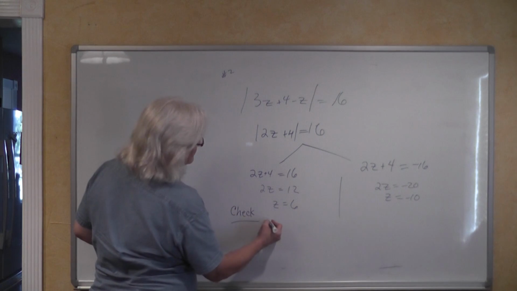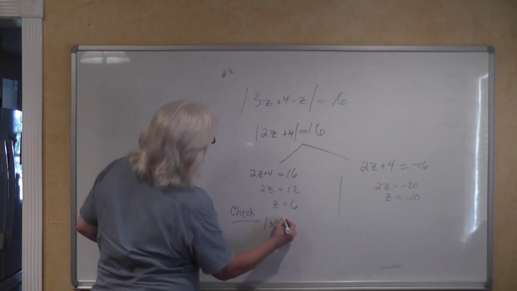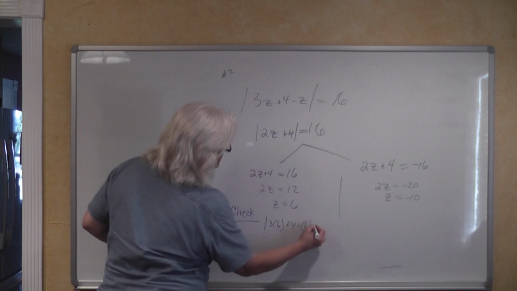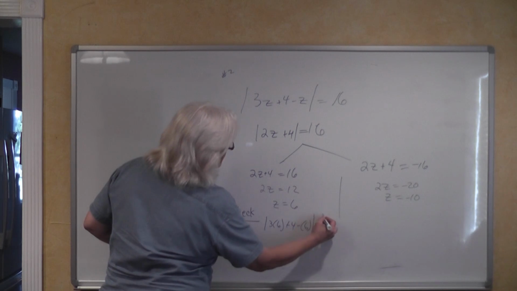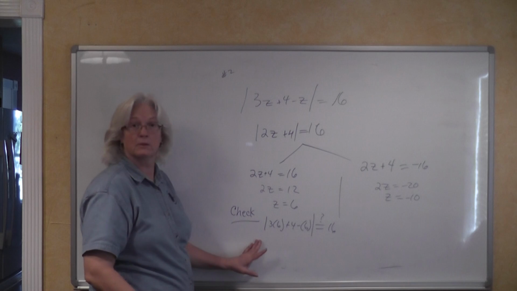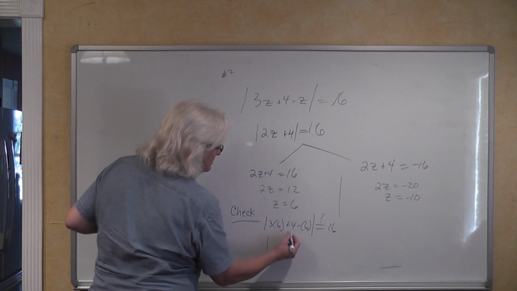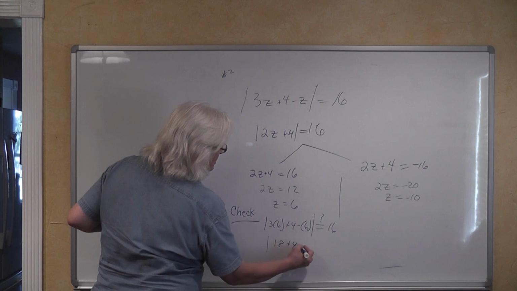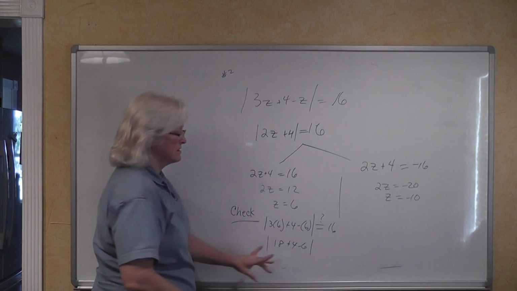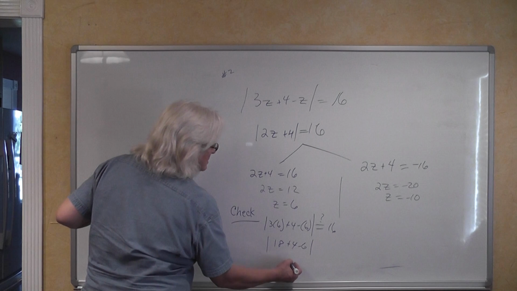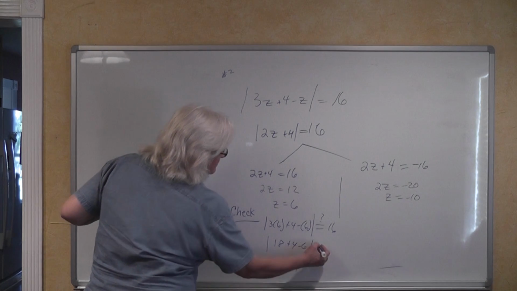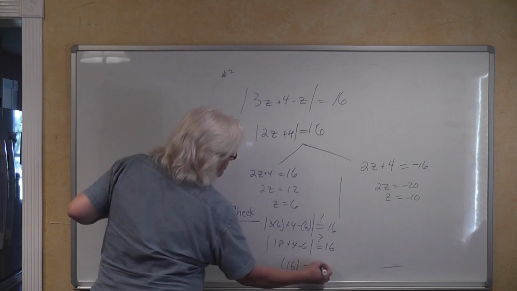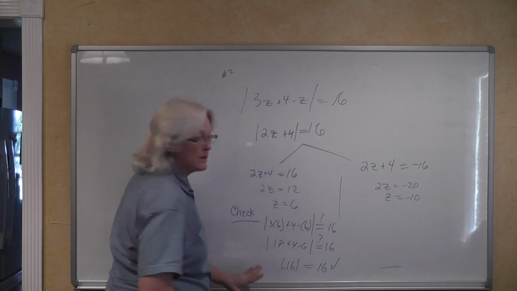And I didn't do this ahead of time. The absolute value of 3 times 6 plus 4 minus 6, is that equal to 16? Simplify within the absolute value brackets: 18 plus 4 minus 6 has a net effect of 16. The absolute value of 16, of course, is equal to 16.